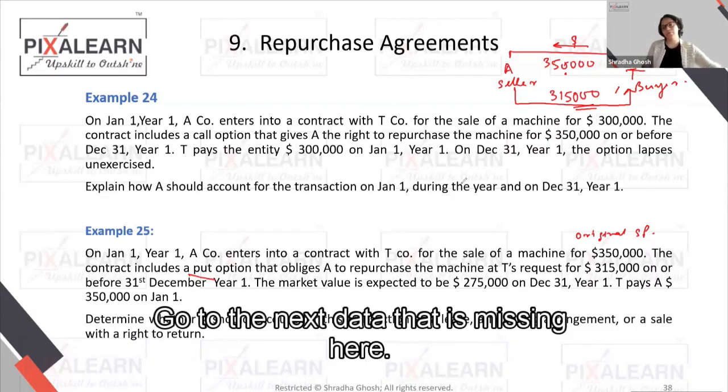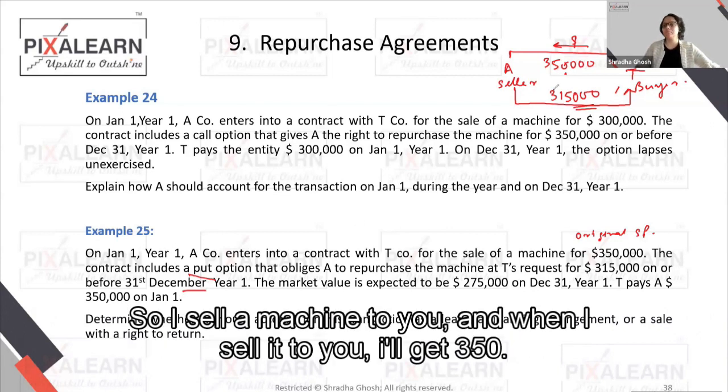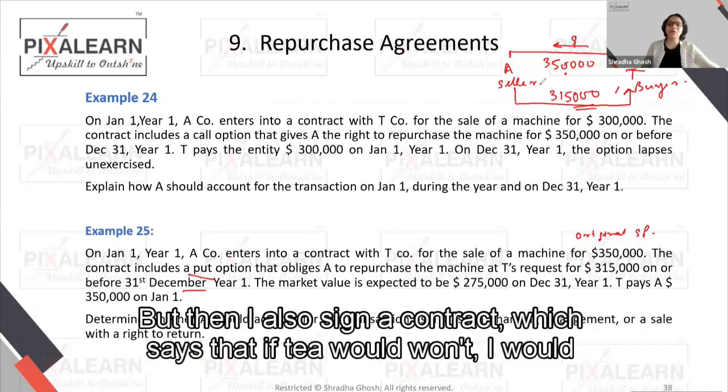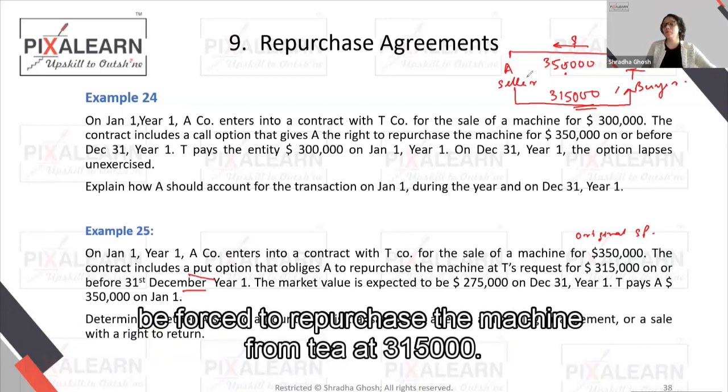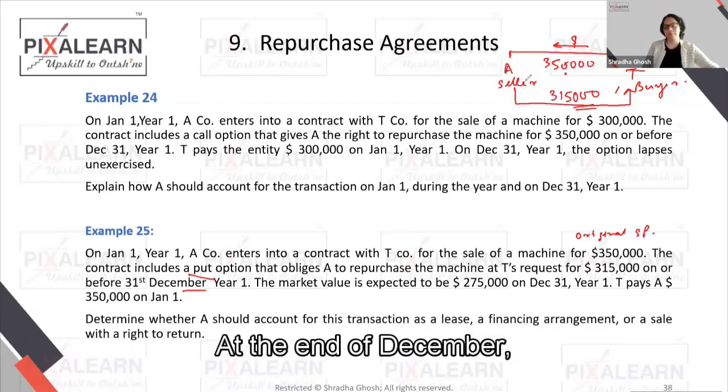Go to the next data that is missing here. See, on or before 31st of December, I sell a machine to you, and when I sell it to you, I get 350. But then I also sign a contract which says that if T would want, I would be forced to repurchase the machine from T at 315,000 at the end of December.